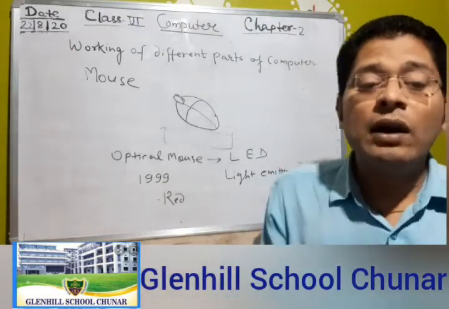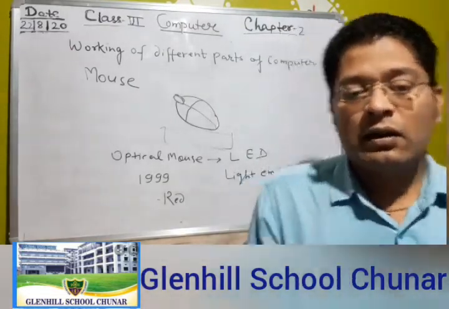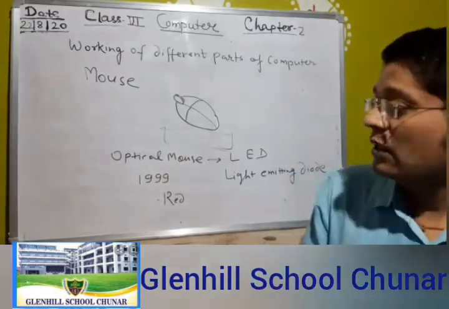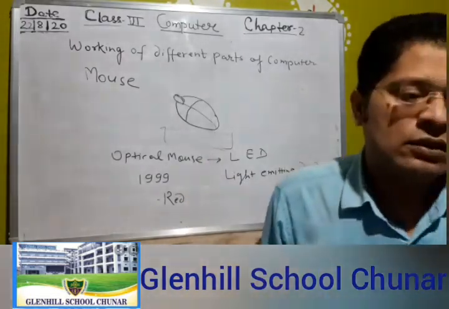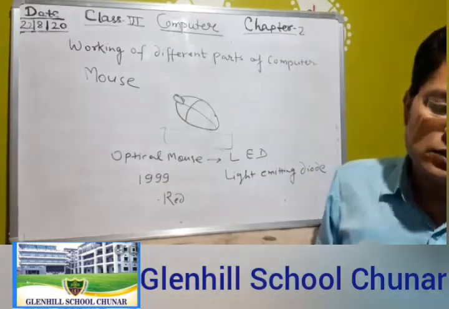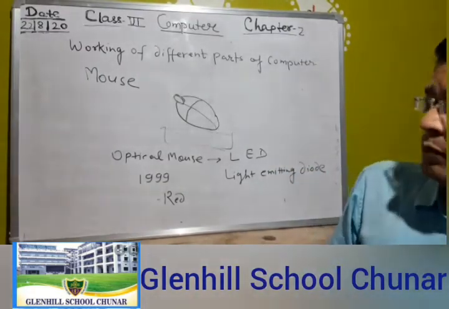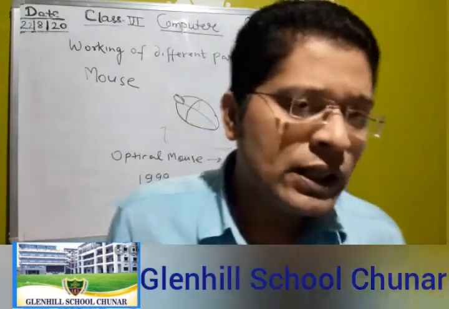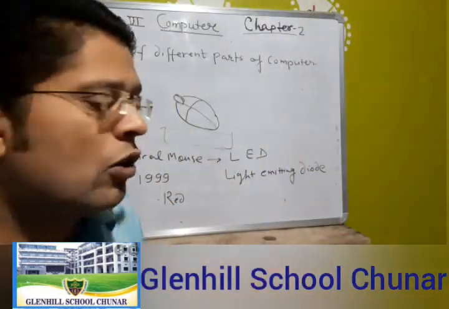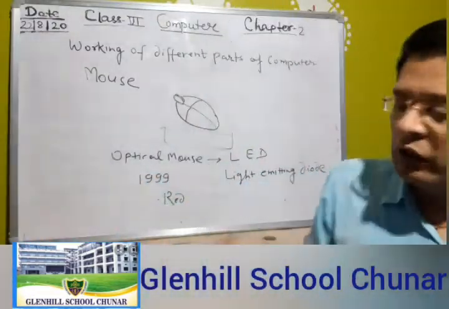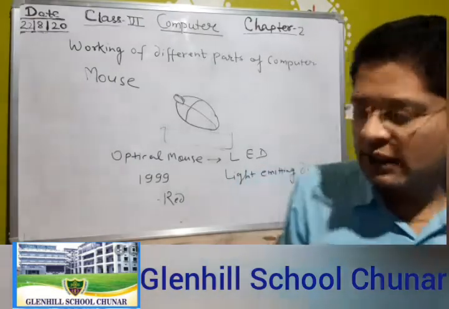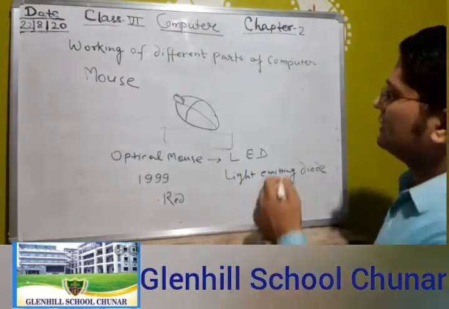So it is able to determine coordinates which are then sent to the computer. Okay student? Yes. So we can say that the computer receives the coordinates and will show the movement of the mouse, usually by its cursor. You know that cursor, student.